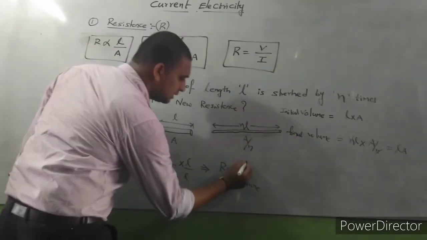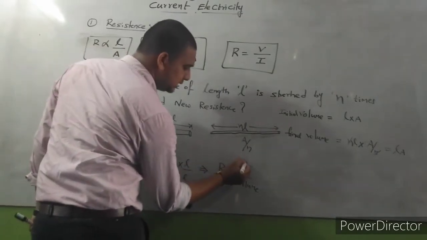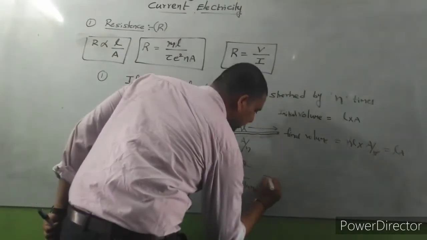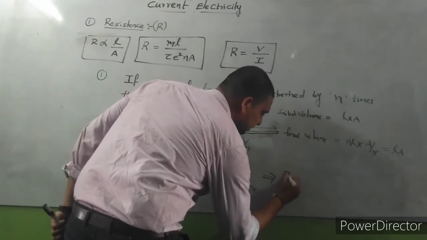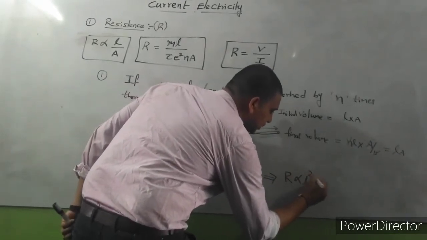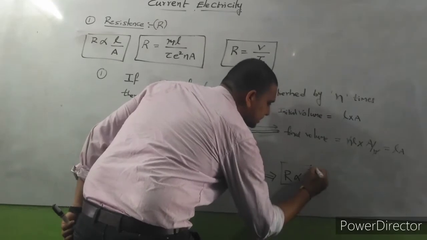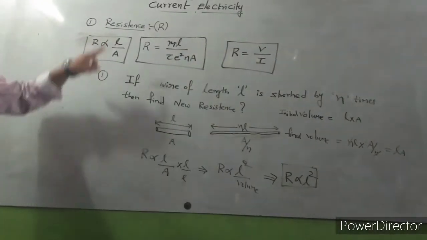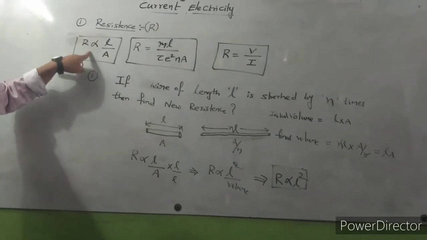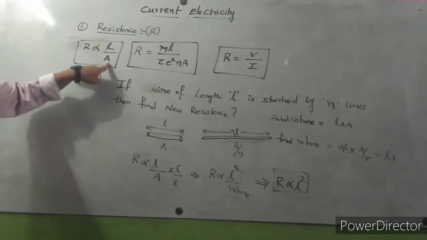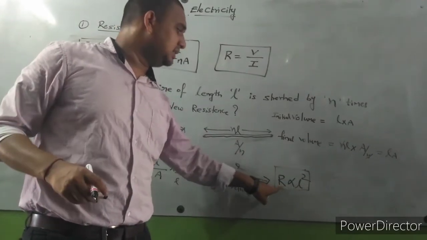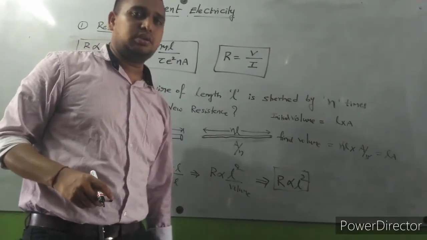L into L is L square. So resistance is directly proportional to L square by volume. Since volume is constant, resistance is directly proportional to L square. This is very, very important. If you consider length and area, resistance is directly proportional to L by A. If you consider only length, resistance is directly proportional to L square.